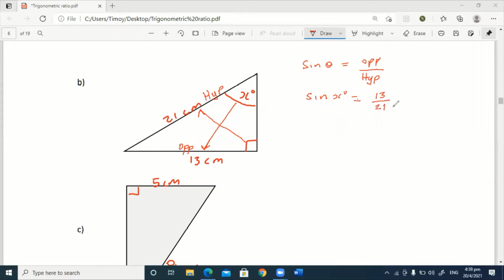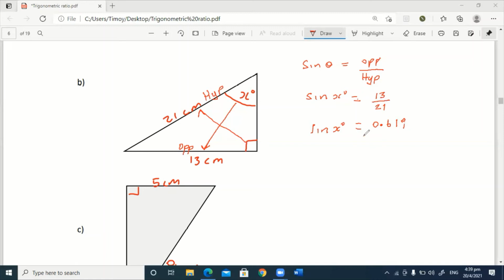Now we can work out the decimal for 13 divided by 21. 13 divided by 21 as a decimal is going to approximate to be 0.619. So we know that sine x degrees is equal to 0.619.